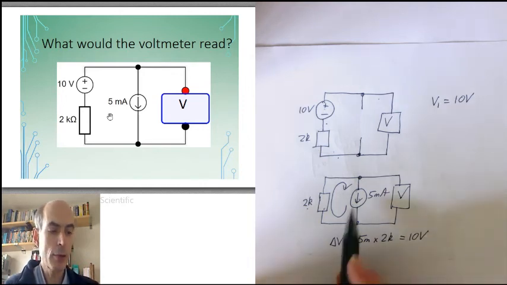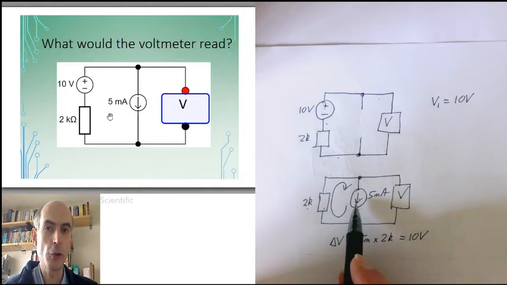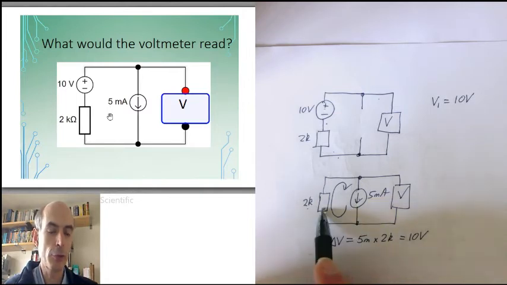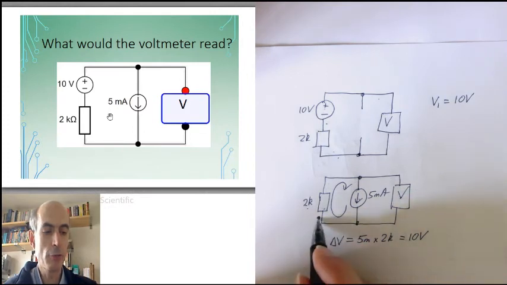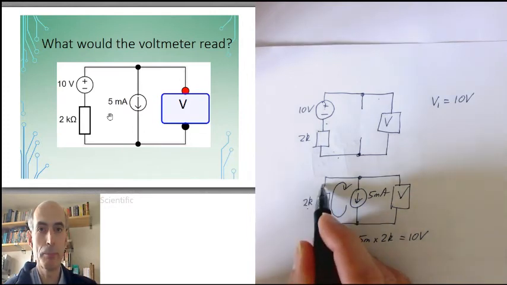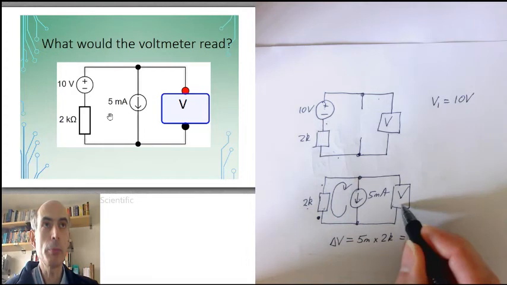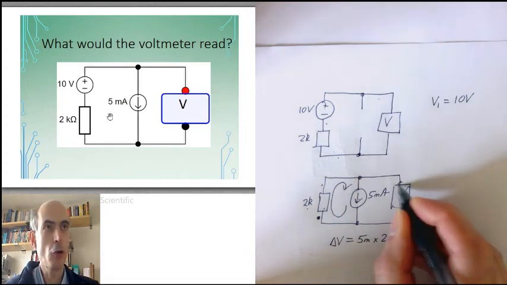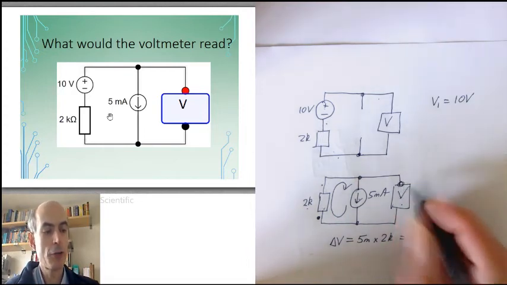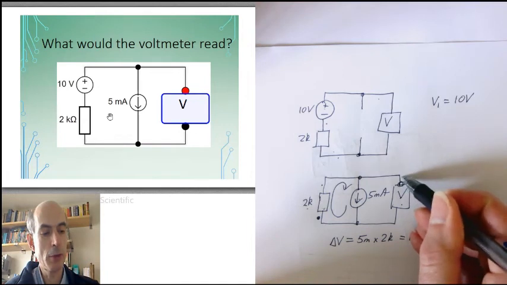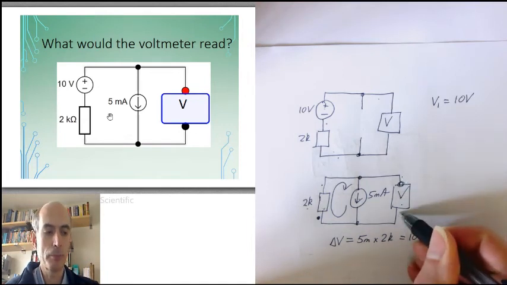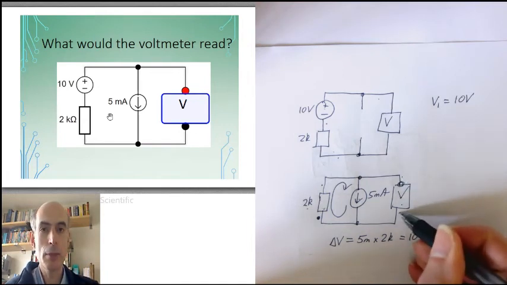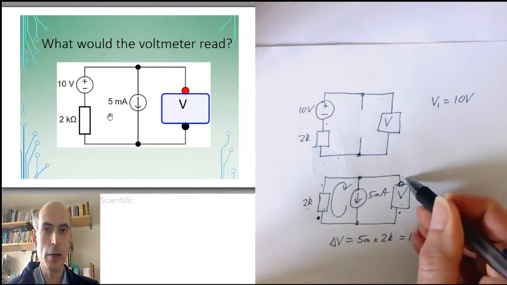But note that current always flows through a resistor from the higher voltage to the lower voltage. So this point here will be 10 volts above this point here. But the voltmeter has its red terminal at the top. The voltmeter is measuring the voltage at this point minus the voltage at this point. But the voltage here is bigger than the voltage here.